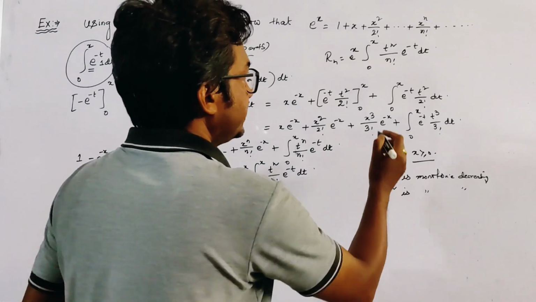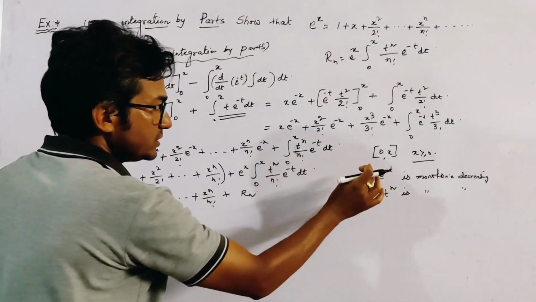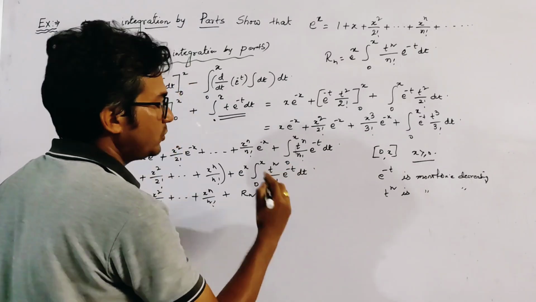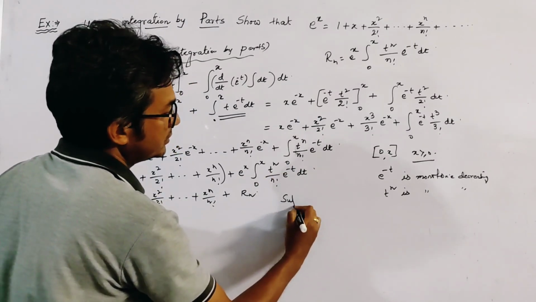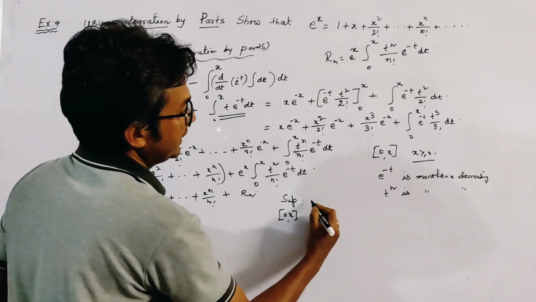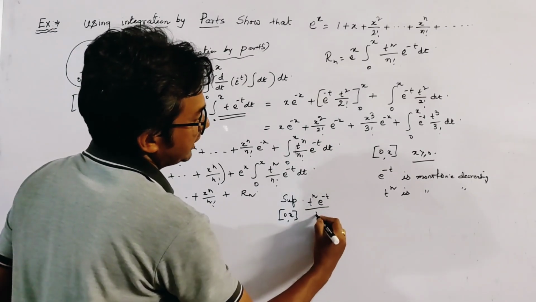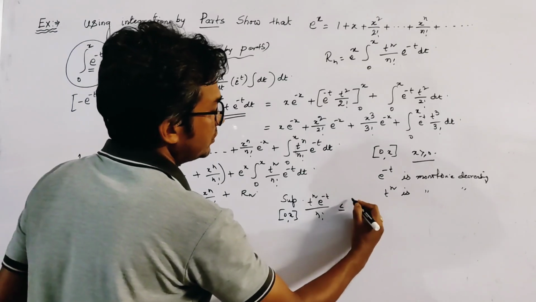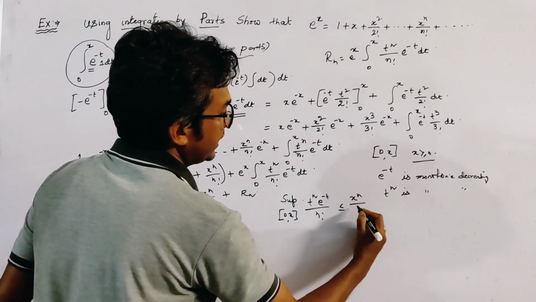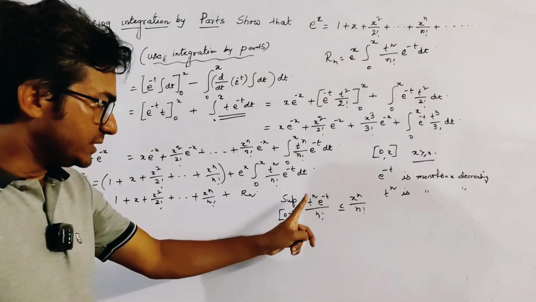Now if we find the supremum of this term in 0 to x, then we get supremum over the interval 0 to x of t to the power n into e to the power minus t by n factorial, which is less than or equal to x to the power n by n factorial, because this is decreasing and this is increasing.